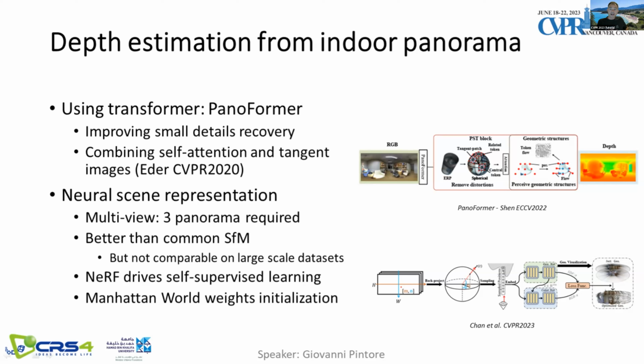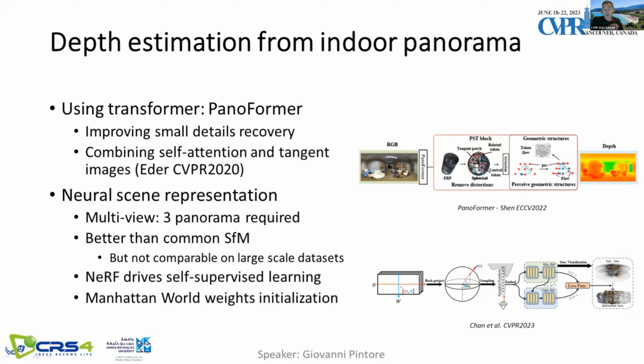Another recent trend is also using neural radiance field theory to solve orthogonal problems, like in this case, depth estimation. Here in this example, of this last CVPR conference, we show a multi-view panoramic approach, which achieves better results in depth estimation from motion. This is still an early approach.